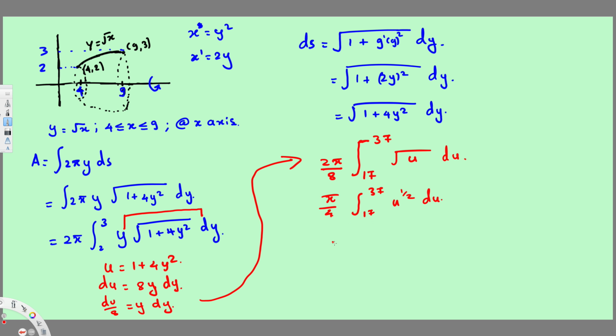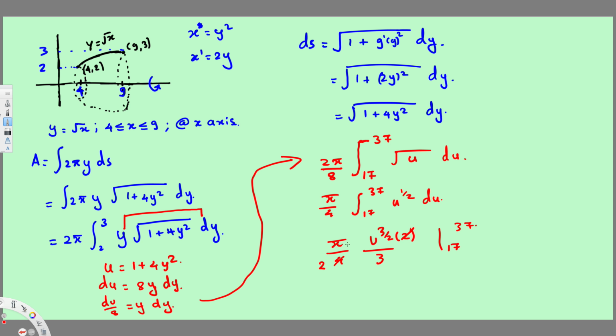And if we integrate this one, that's going to give us pi over 4 times u to the power half, 1 more to the power, that's going to be u to the 3 by 2, so u to the 3 by 2 divided by 3 by 2. Instead of dividing by 3 by 2, I multiply by 2 over 3, putting the 2 on top. So here the 2 and 4 cancel, so this is going to be just 2 right here. And then this is going from 17 to 37.